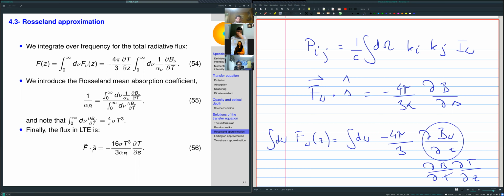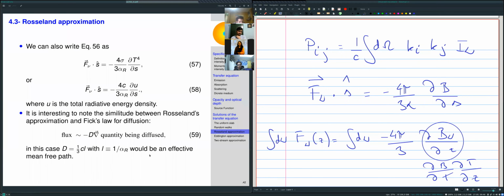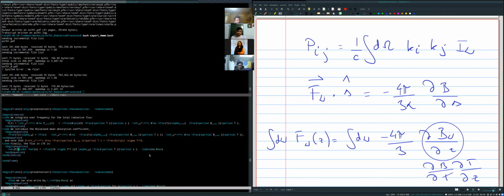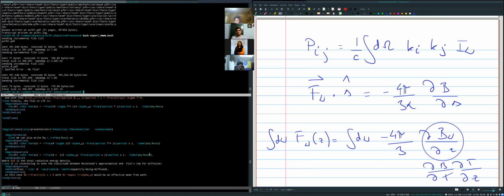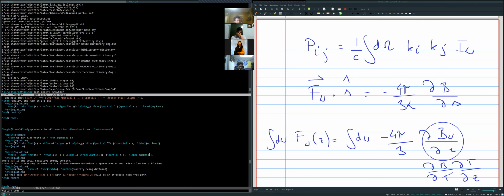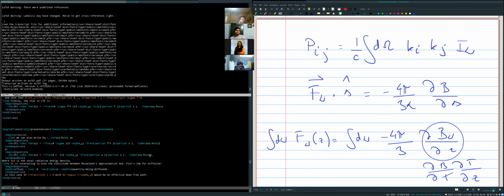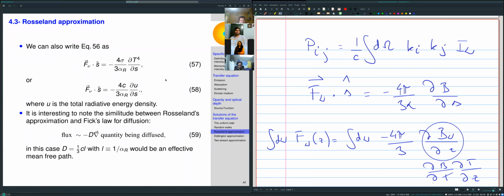So the flux, not the flux density, is given by this expression in compact form. Sorry, I better correct these immediately.